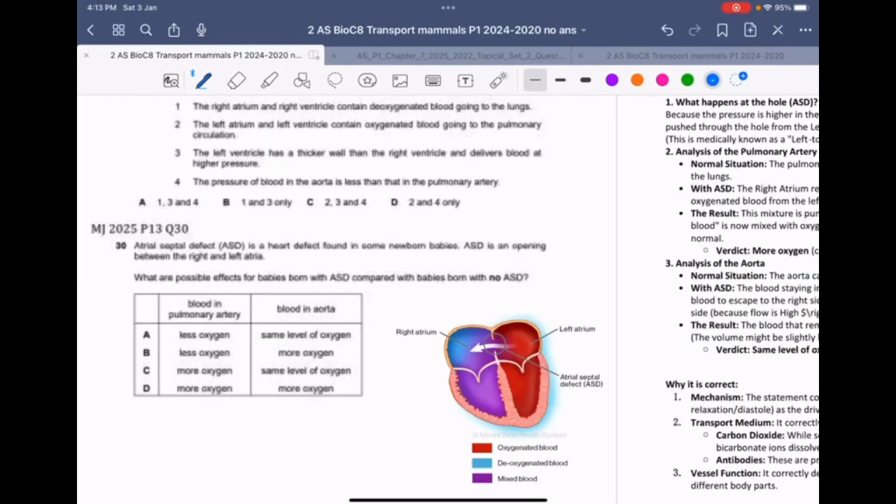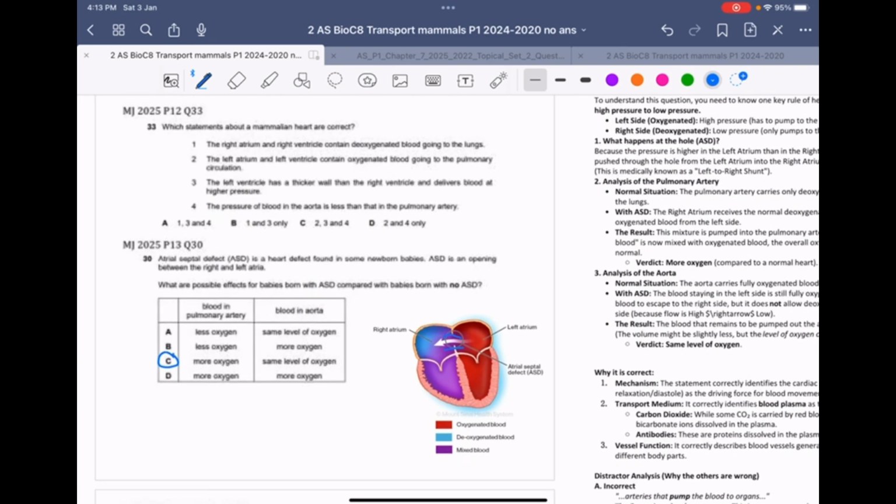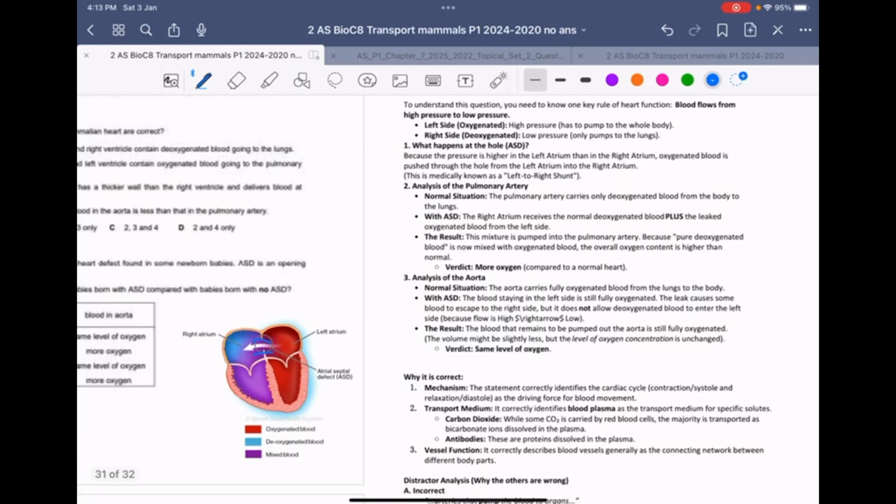The blood in the pulmonary capillary has more oxygen, and blood in the aorta has the same level of oxygen. Why? Because atrial septal defect refers to a hole between the right atrium and the left atrium, which is here. What will happen is, because the blood pressure is higher in the left atrium, we can see here will be the higher pressure, and the right atrium will have a lower pressure.